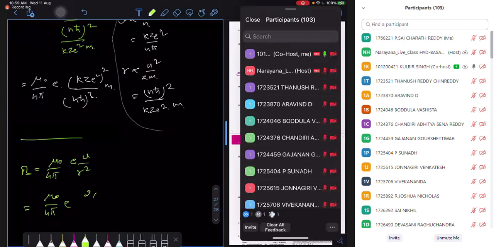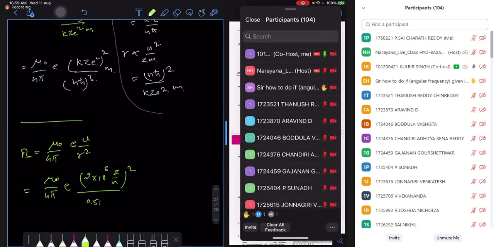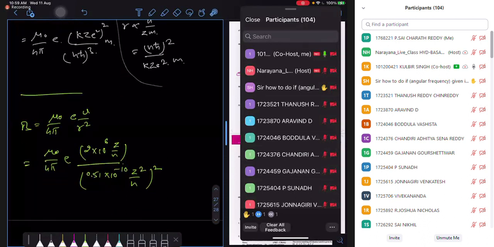Velocity is 2 into 10 raised to the power 6 Z by n, and the R term here is 0.51 Z square by n, whole squared. Now I know the value of e, 1.6 into 10 raised to the power minus 19. I know the value of μ0 by 4π. So you can solve it here easily.